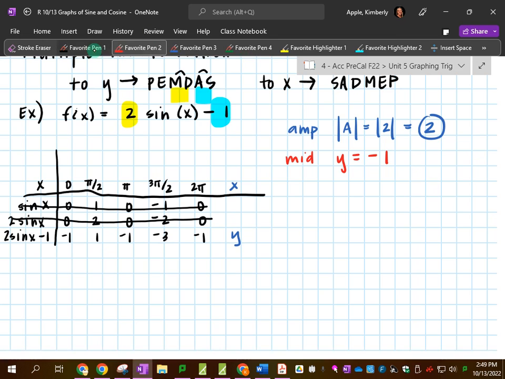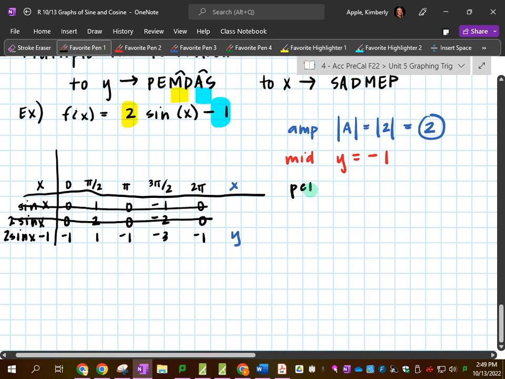What is the period? 2 pi, the natural period, there's no b to change it. And then what is the phase shift? That is the horizontal shift with c. There is none. There is no c. So these are all of the characteristics that you'll need to identify eventually, both from just the function and from looking at the graph.